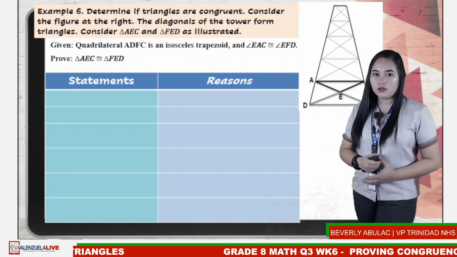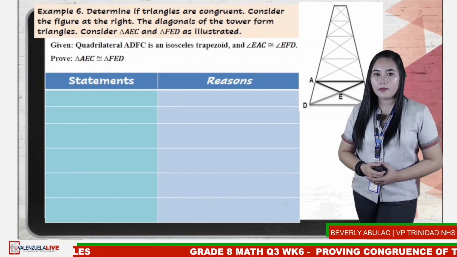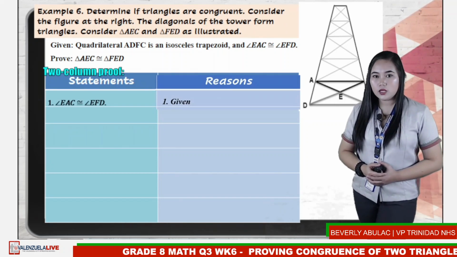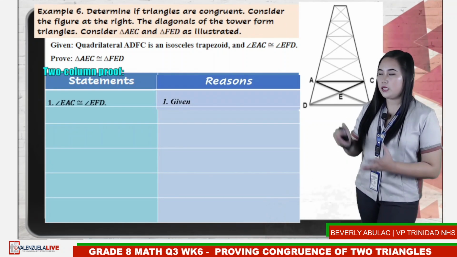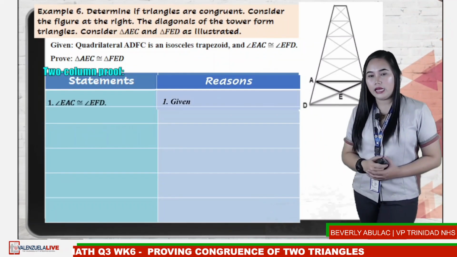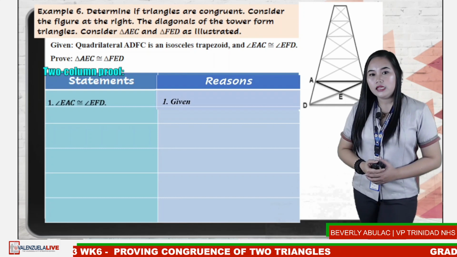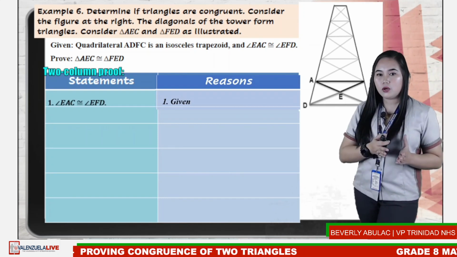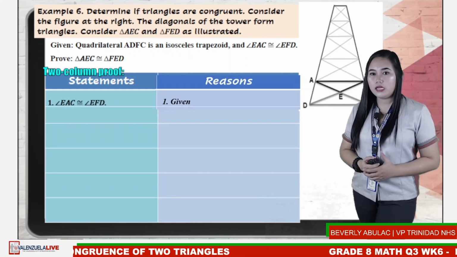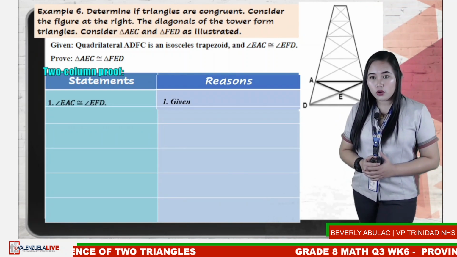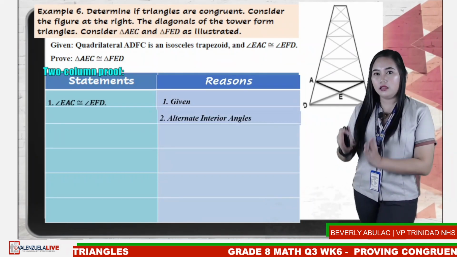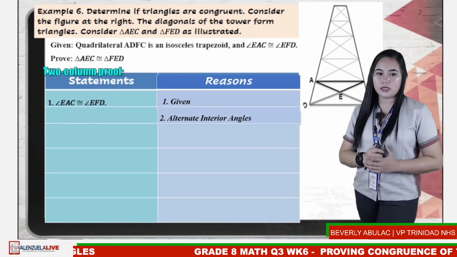Now, on our two-column proof, angle EAC is congruent to angle EFD, as you can see on the given figure. That is the given congruent angles as our reason. Now, angle ECA is congruent to angle EDF. What is the reason? They are congruent because of the alternate interior angles.